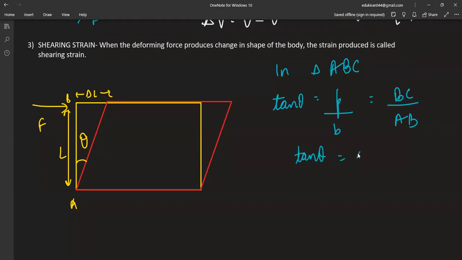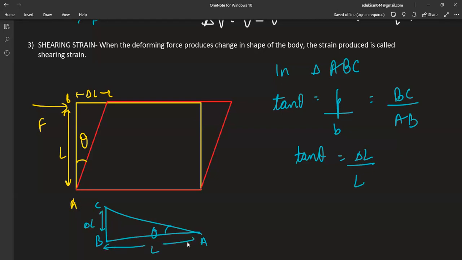So tan theta is delta L by L. See, BC is delta L. If you look at this triangle, this is theta, this is C, this is B, this is point A. This is L, this is delta L. So tan theta is delta L by L.